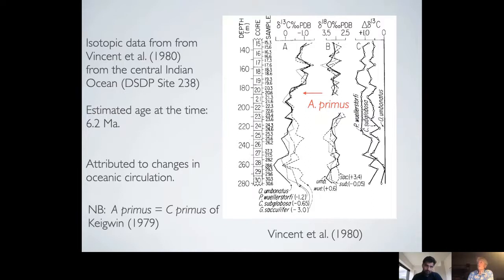So a few meters up, and then this is the delta 18O data, and so this shift in carbon isotopes is the shift that I showed you in the Zachos compilation slide, called the late Miocene isotopic shift.